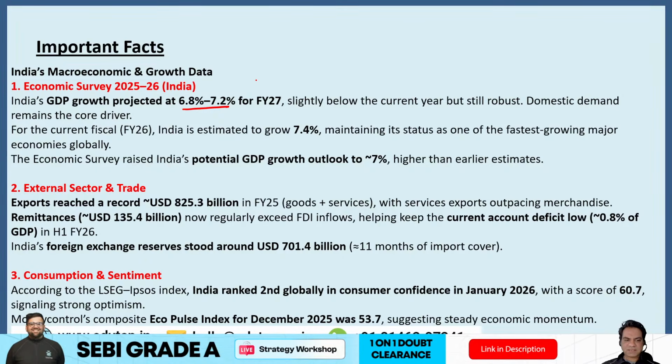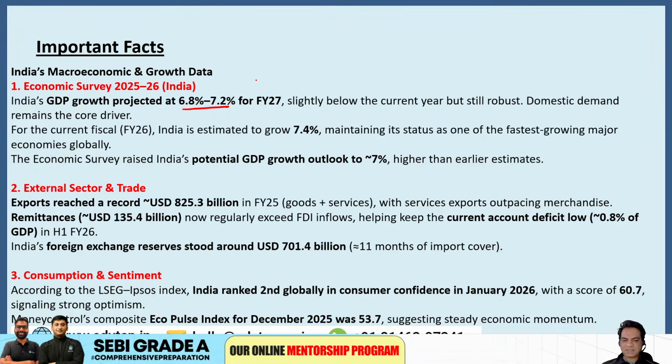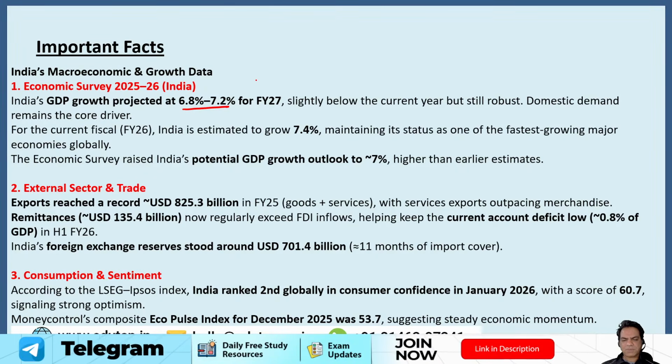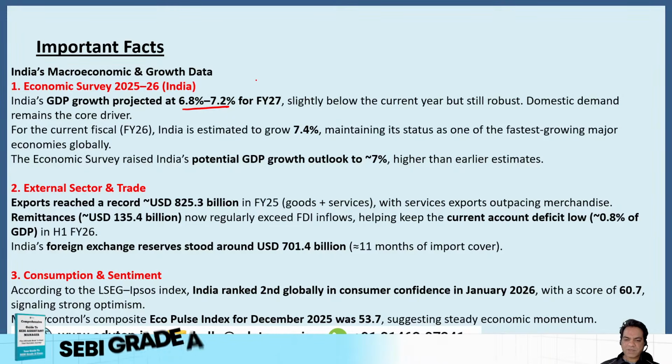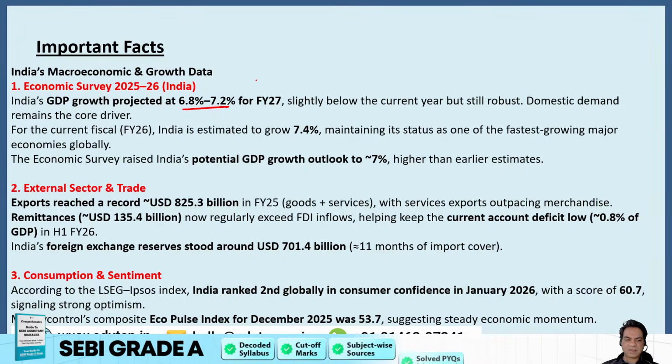Now remittances, around $135 billion, regularly exceed FDI inflows, helping keep the current account deficit low, approximately 0.8% of the GDP in the fiscal year 26. India's foreign exchange reserves stood around $701 billion, approximately 11 months of import cover. So we have crossed the $700 billion mark in our exchange reserves, right?